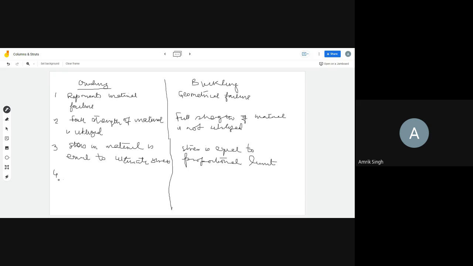Fourth point is crushing is used for failure of short columns.